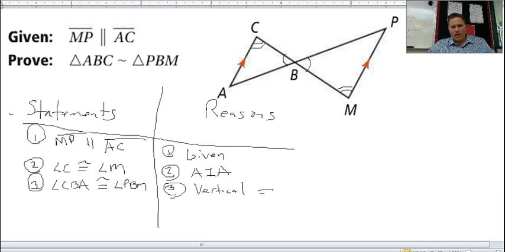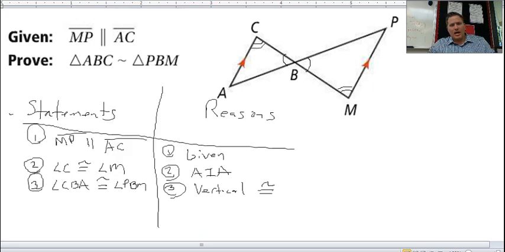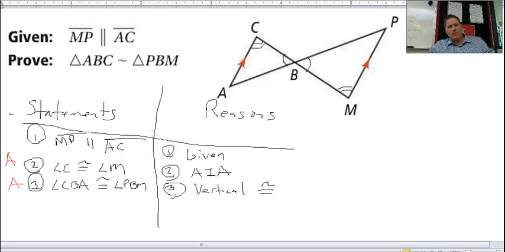Vertical angles. And now it's always good, just like how we did with side one, remember when you used to put it on the side? I would put these are an angle and an angle. And again, as long as we have two of those, then we are able to solve.